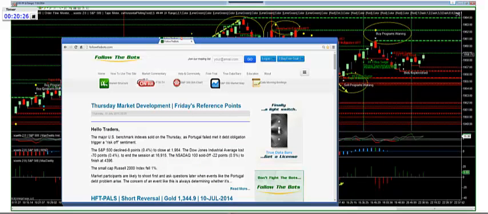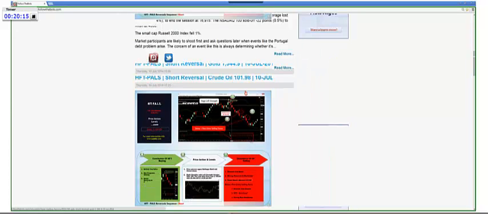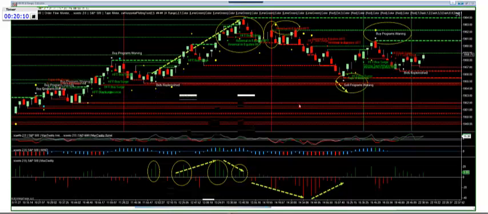And then here's another one for crude oil. So we do monitor quite a bit of markets, or if you trade the SPYs, we trade those quite a bit, the SPYs and the S&P. The bulk of our focus is on the S&P, but we do look at other markets, and as more people make requests of us, we'll do what we can to accommodate people with other markets.